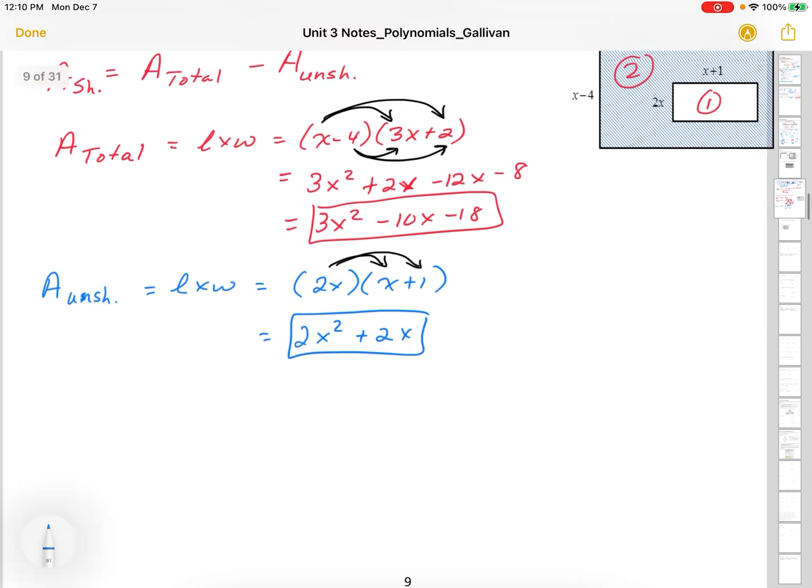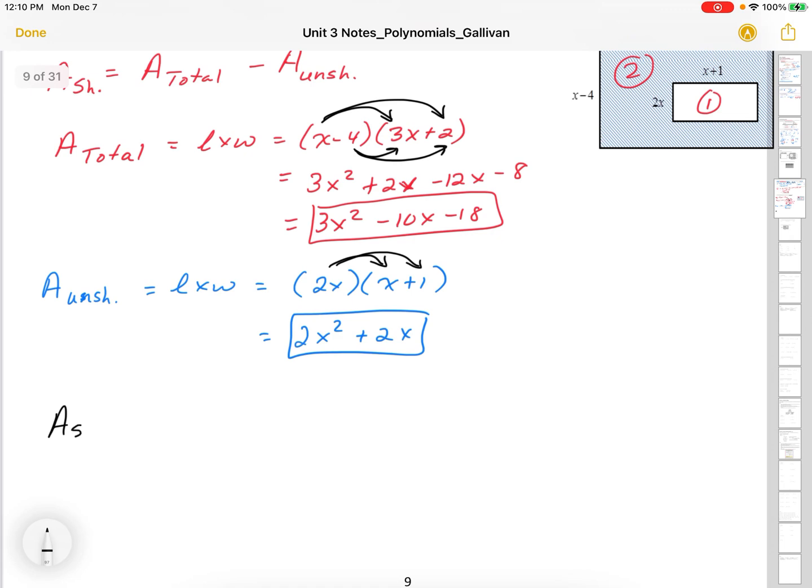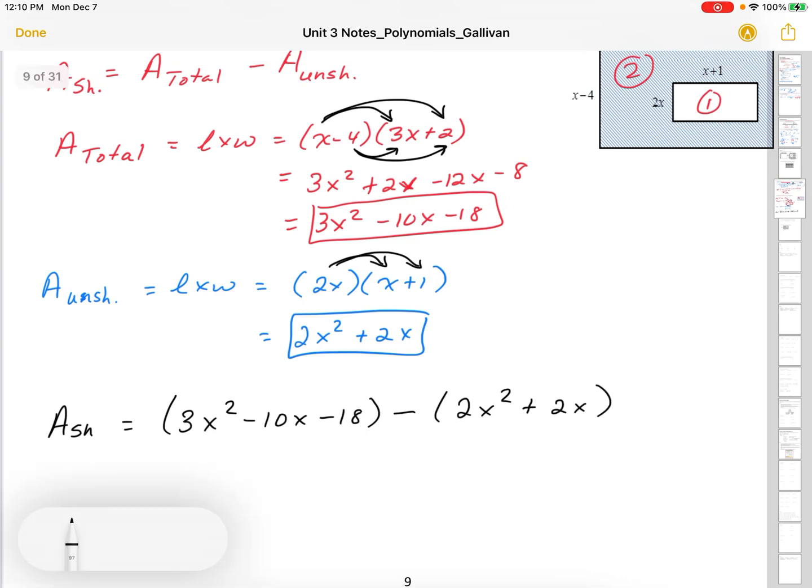Now we're going to do our subtracting to get our area of the shaded. So area of the shaded equals 3x squared minus 10x minus 8, minus the quantity 2x squared plus 2x.